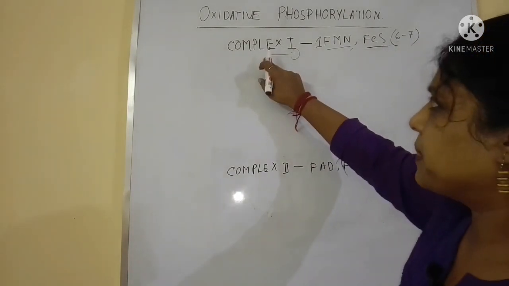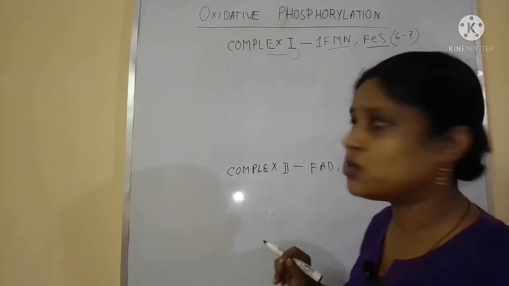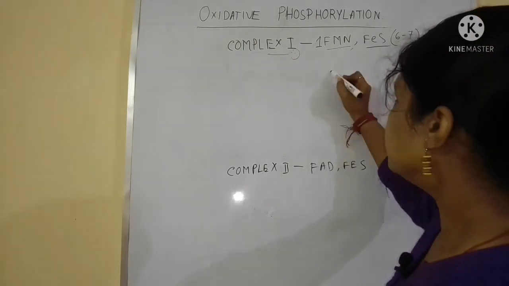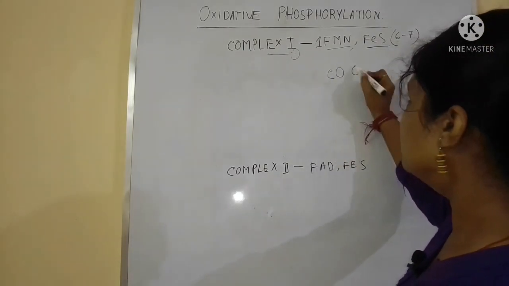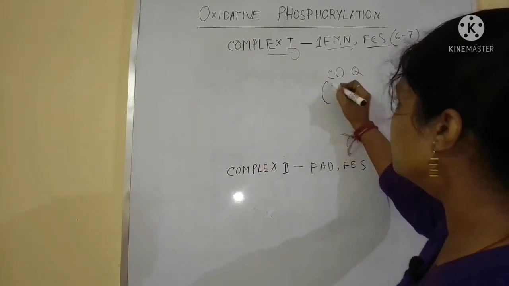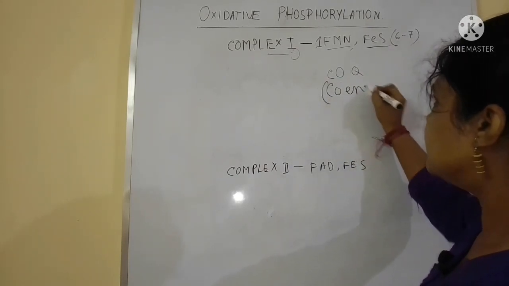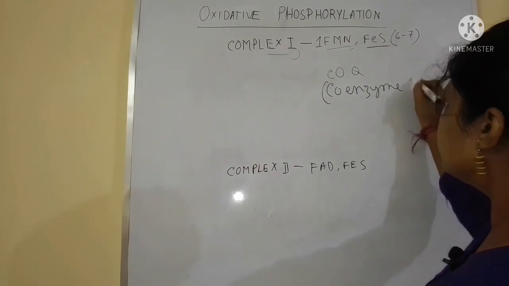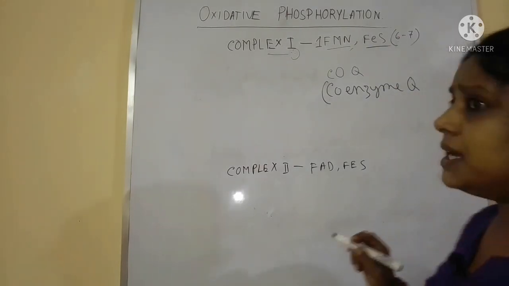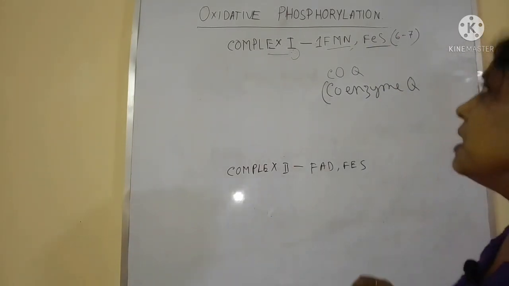Complex 1 transfers electrons to CoQ, coenzyme Q. How are the electrons transferred?